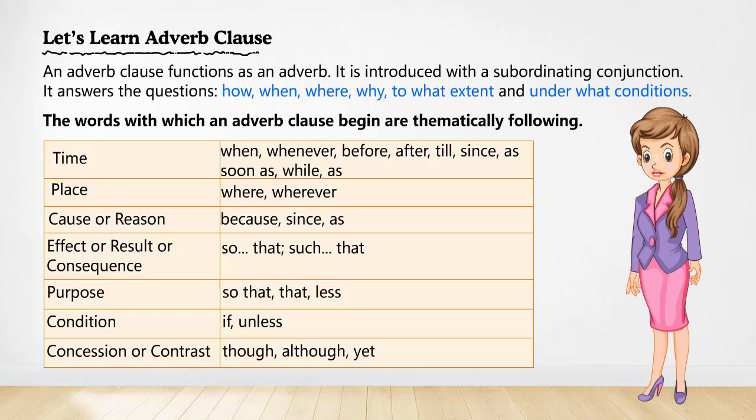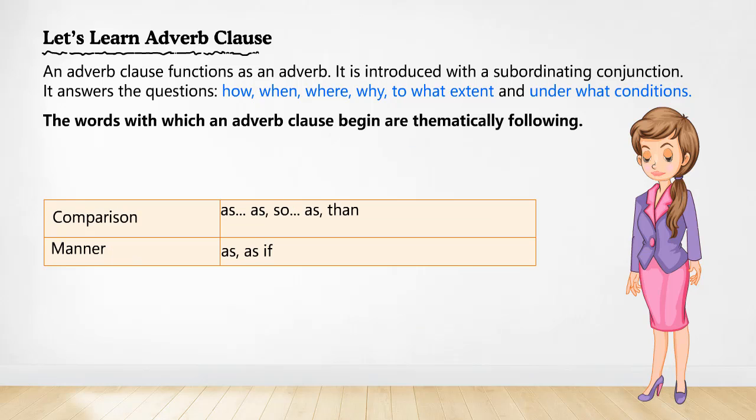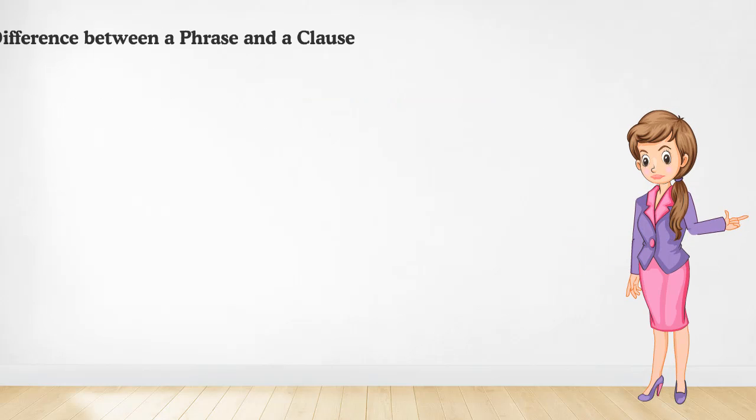Purpose: so that, that, lest. Condition: if, unless. Concession or contrast: though, although, yet. Comparison: as, so, as, than. Manner: as if.